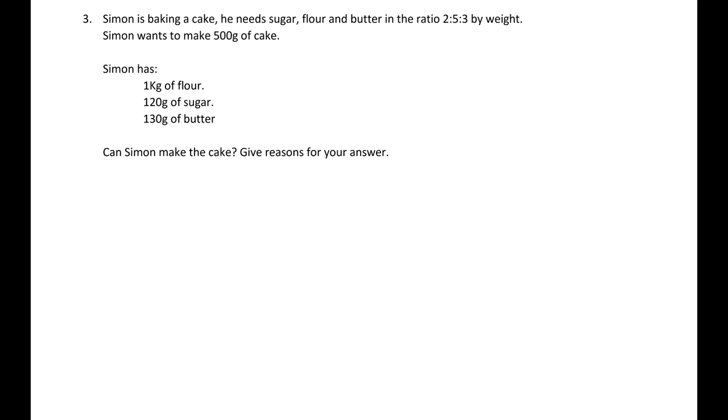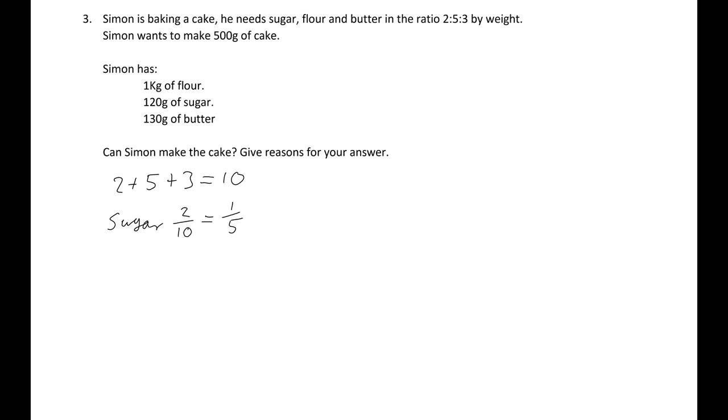So 2 plus 5 plus 3 equals 10. So we have got 10 separate piles. Our sugar is 2 of those piles, so 2/10, or simplified, it's a 1/5.